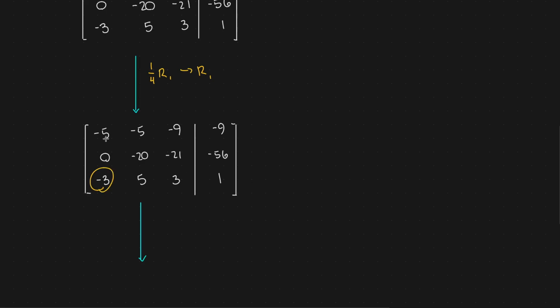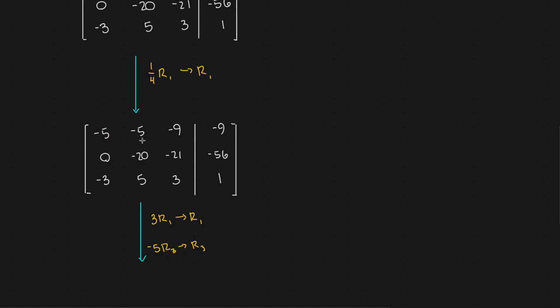So specifically, if I get these both to be a 15, I'll be good to go. So I'm going to multiply row 1 by 3. That'll turn this into a 15. And row 3, I will multiply by negative 5. That'll change this into a positive 15. So they'll both be 15s, but this one will be negative, this one will be positive.